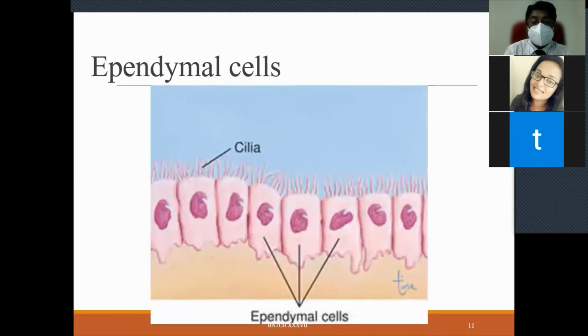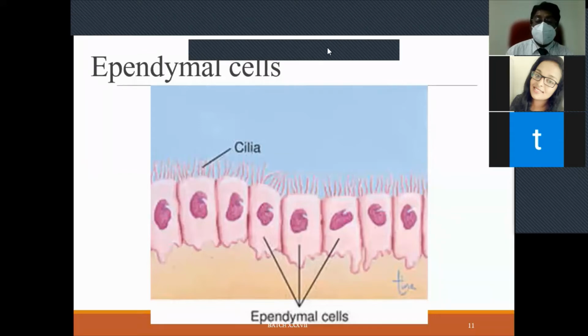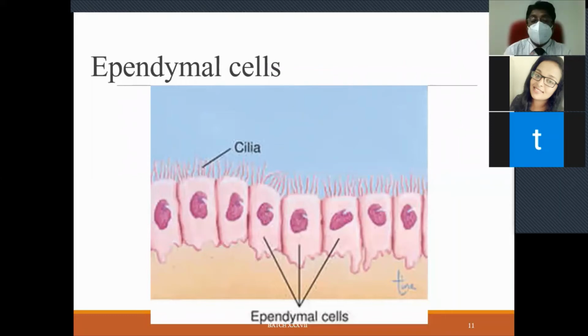In this picture, you can see the ependymal cells, which are the lining cells of the ventricle, and they are columnar epithelial cells. You know, it looks like a column, right? You know what a column is, even in a building, those pillars coming from the ground to the roof, right? Those are called columns. So those are like tall square-shaped structures.